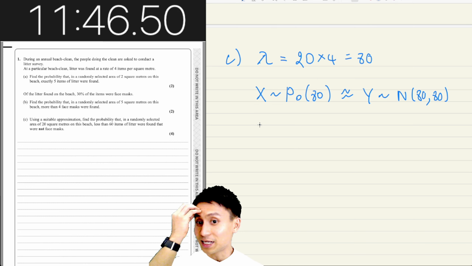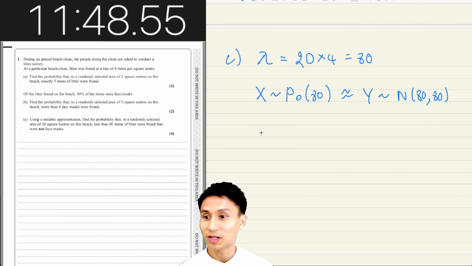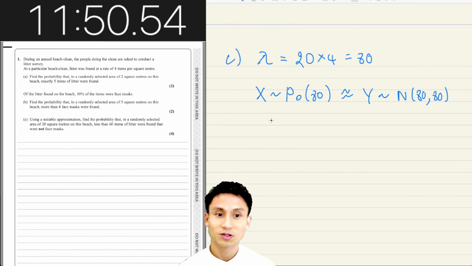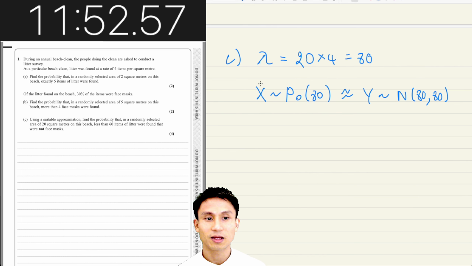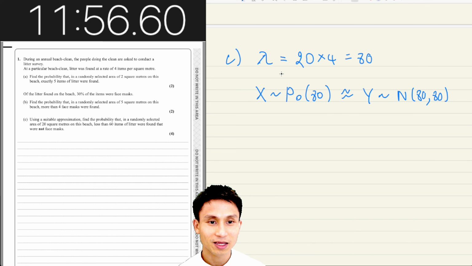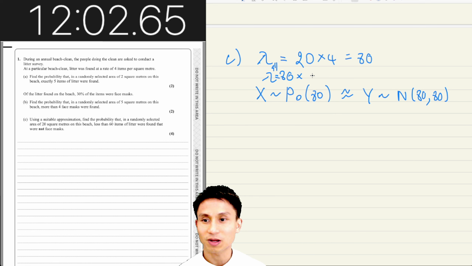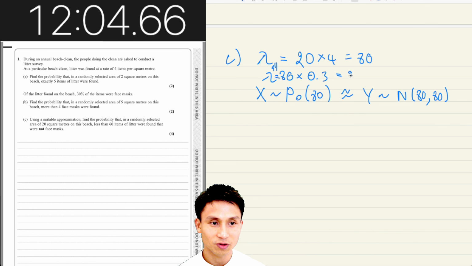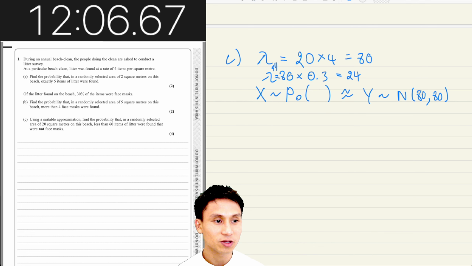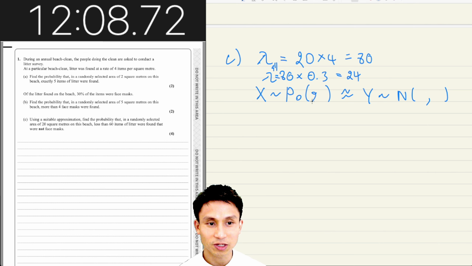Less than 60 items were found that were not face masks. So, again, this is face mask, so we're going to have to multiply. The actual lambda would be 80 multiplied by 0.3, so that would be 24. So we're going to use 24 instead here. I'm just going to take my chances.